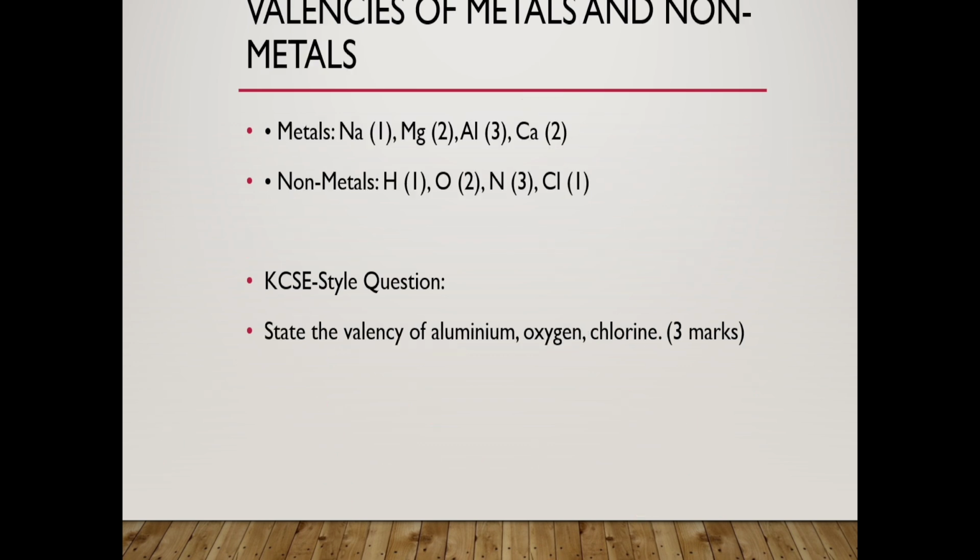So valences of metals and non-metals. For metals, we have group 1, group 2, group 3. Usually metals are those elements with a valency of either 1, 2, or 3. So from group 1 to 3, all of them are usually metals.